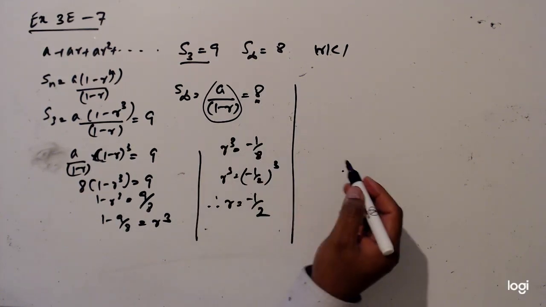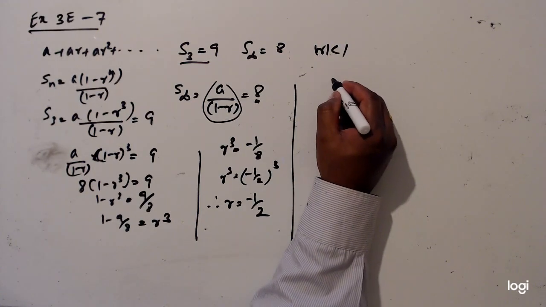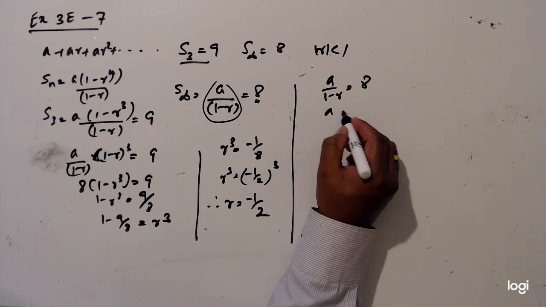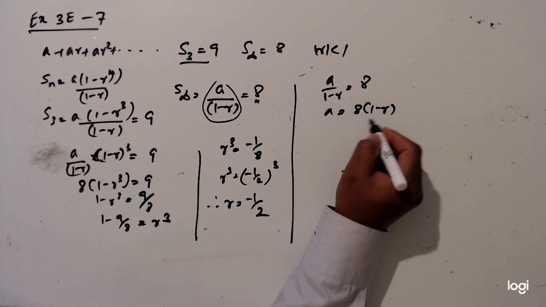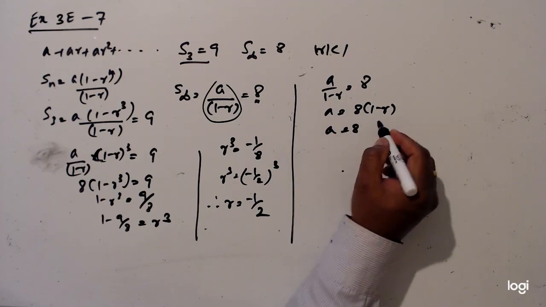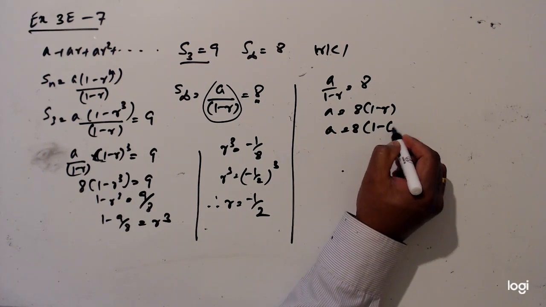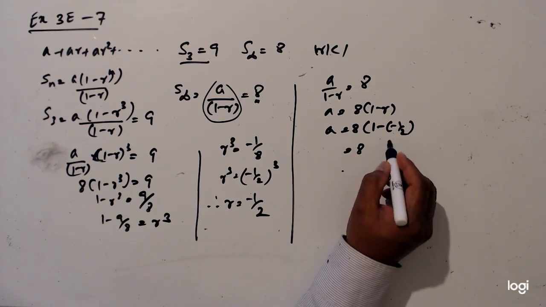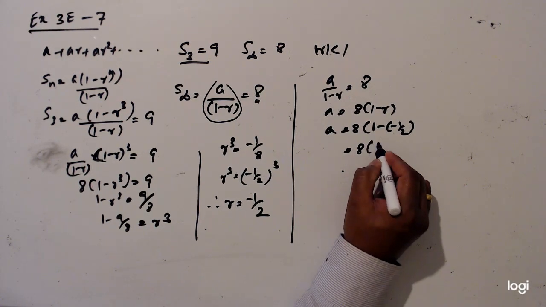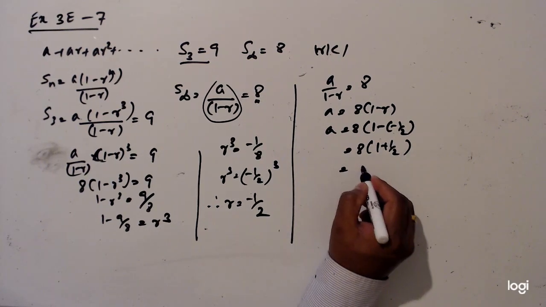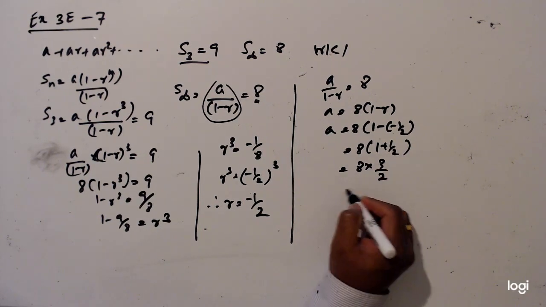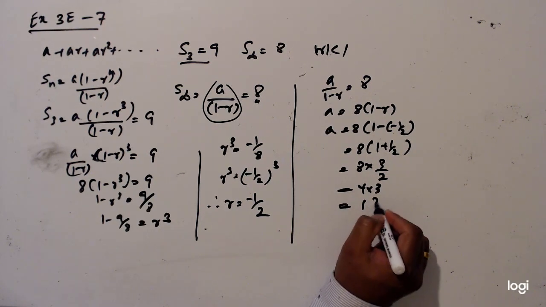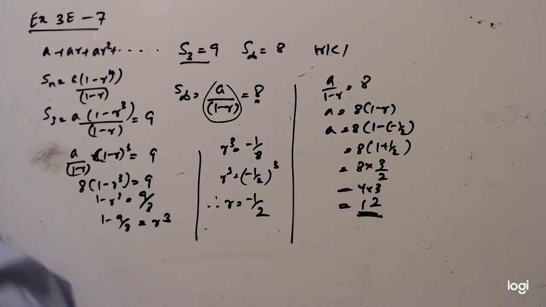Now we can substitute here: a over 1 minus r equals 8, so a is 8 times 1 minus r, which is 8 times 1 plus half, that is 8 times 3 over 2. 4 times 3, that is 12. The a value is 12.